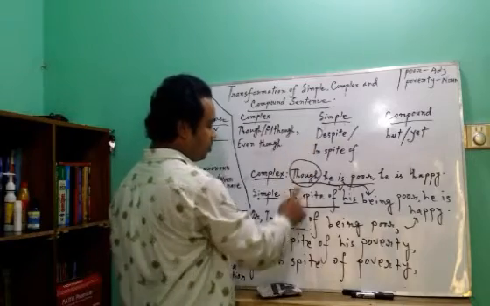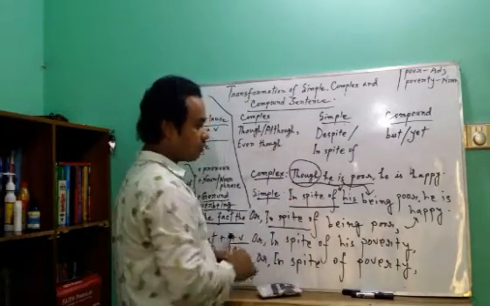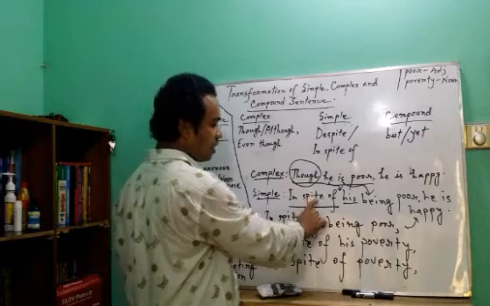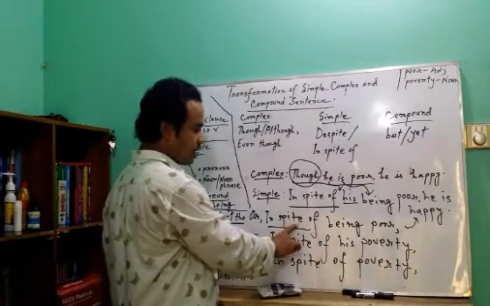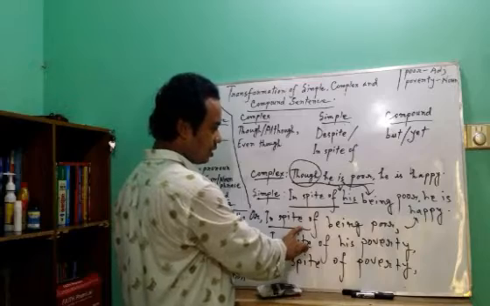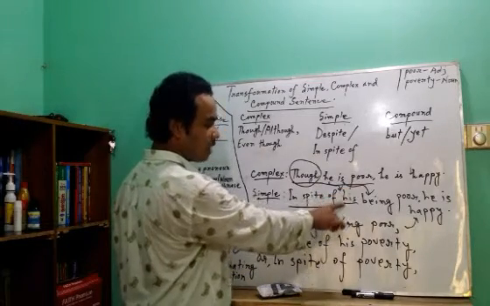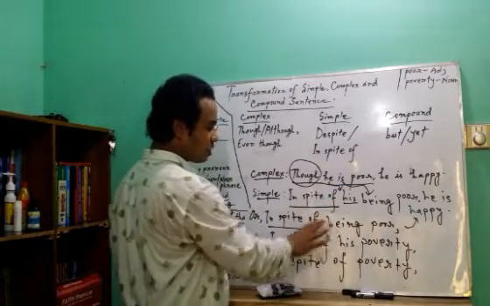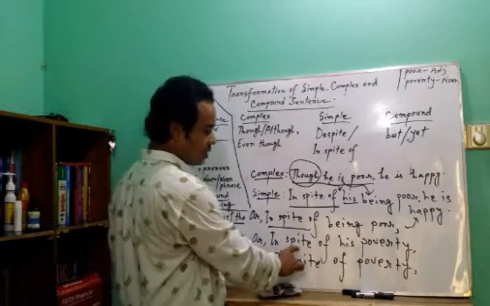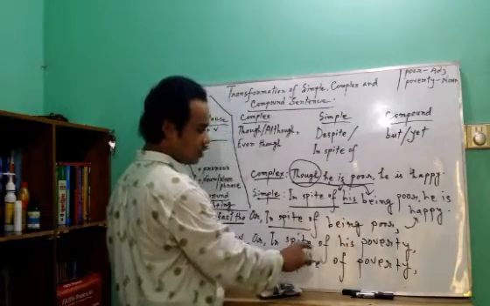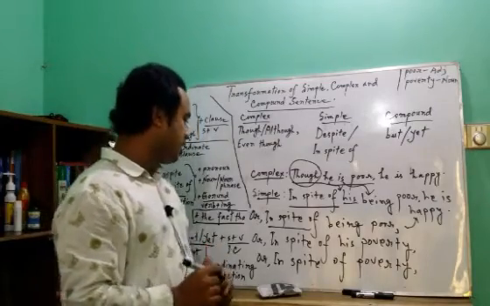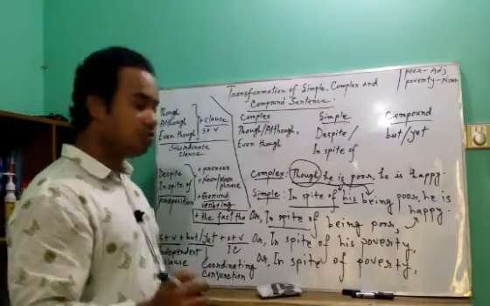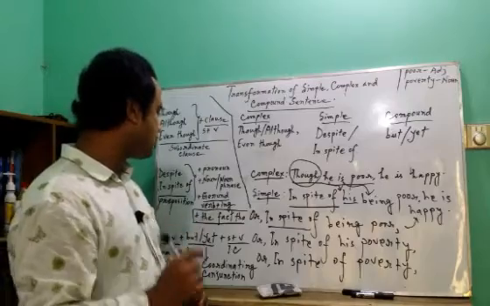But when you use despite in place of in spite of, then it would be despite his being poor, he is happy. Or despite being poor, he is happy. Here his has been left out. Despite his poverty, despite poverty. Okay, now I think it's been clear and you can understand.